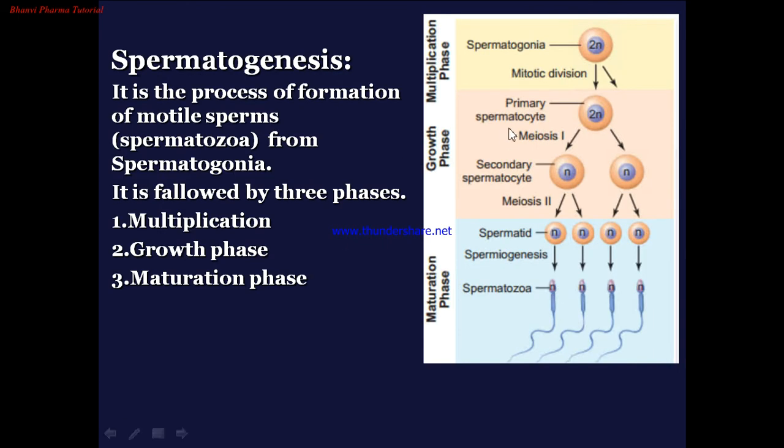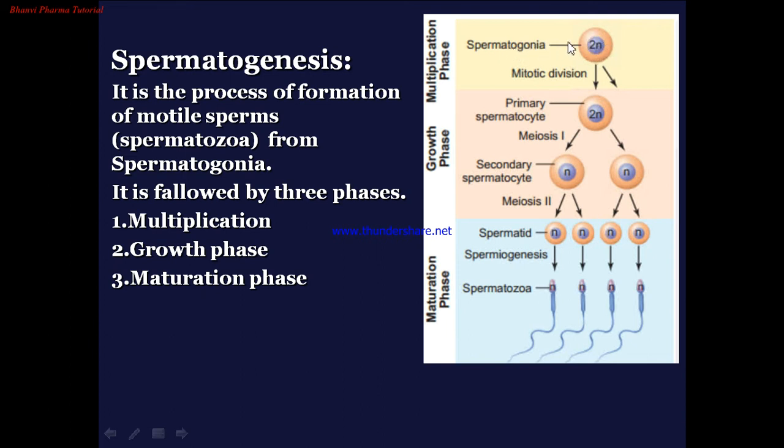You see the diagram or chart. The first is the multiplication phase. In the multiplication phase, the spermatogonia is 2N, which means it is a diploid cell.